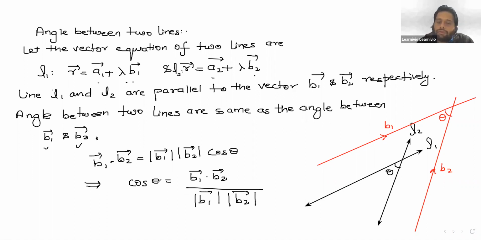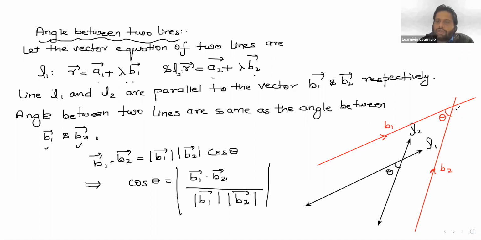Now this cos theta can sometimes be negative, sometimes positive. So we will take the modulus of this. By taking the modulus, you will always get an acute angle. Otherwise you can sometimes get a negative answer. So we will always find the acute angle. That's why I always take the modulus when finding the angle between two lines, so that you always get a positive answer.